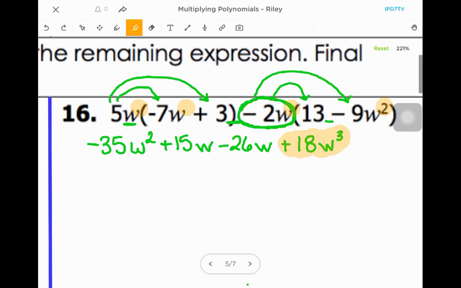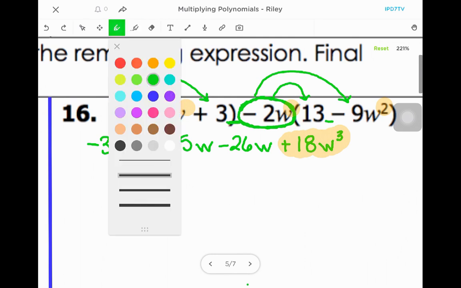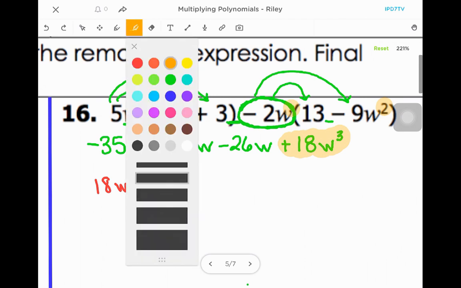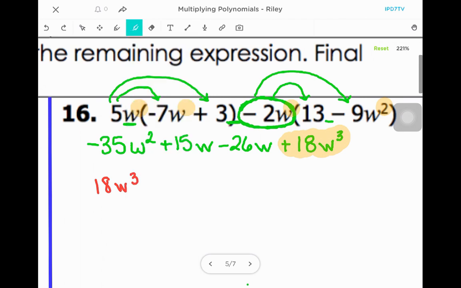Well, 18w cubed doesn't have anything to add with, so I'm just going to bring it down. 18w cubed. All right. My next is w squared. It also doesn't have anything, so negative or subtracting 35w squared.